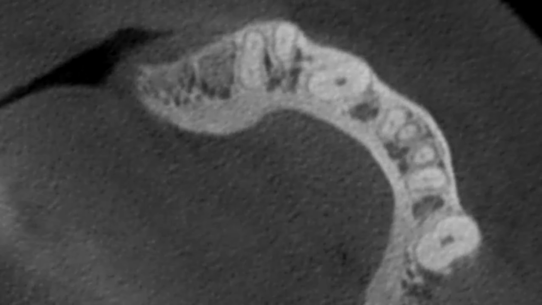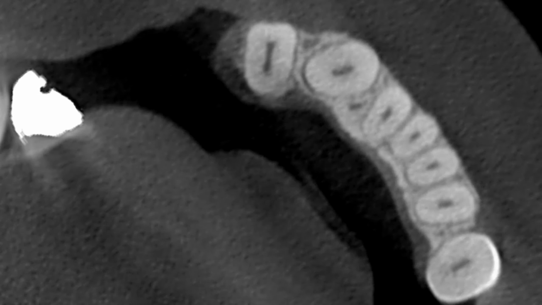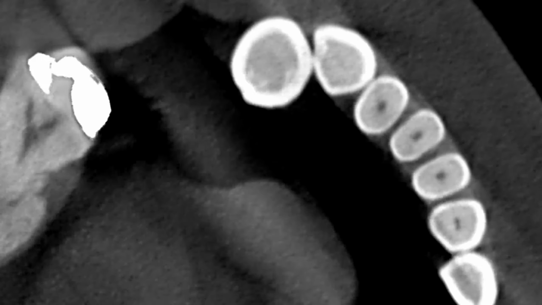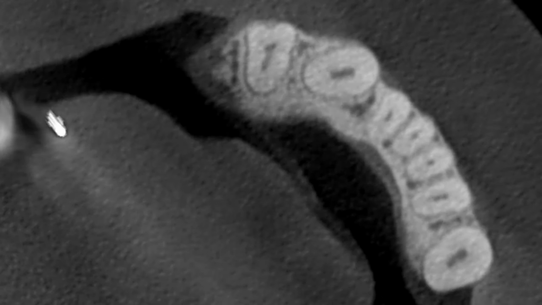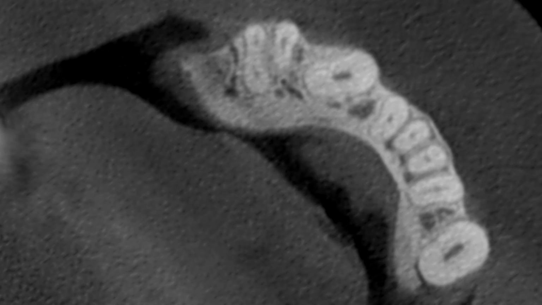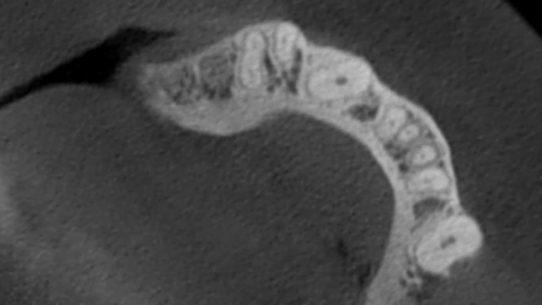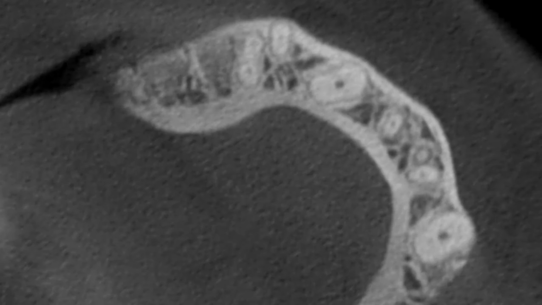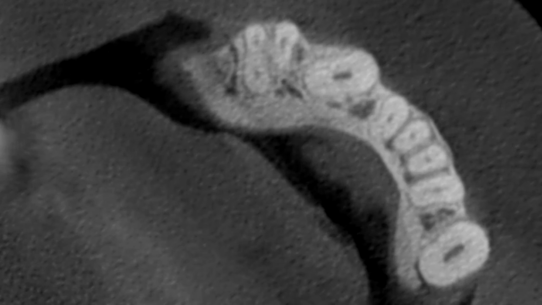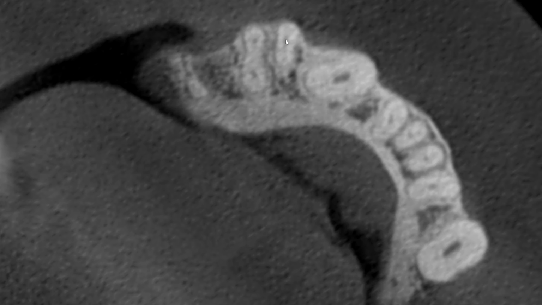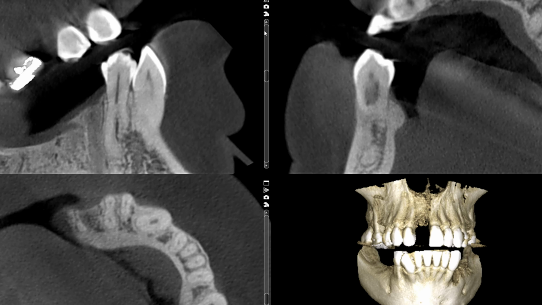Let me go back up. Okay, crown, CJ, bifurcation of the root into 2 roots and having 3 root canals. Okay, 1, 2, 3. Let's take a look at that in other views.